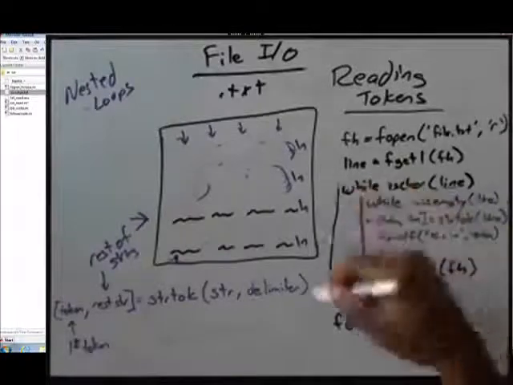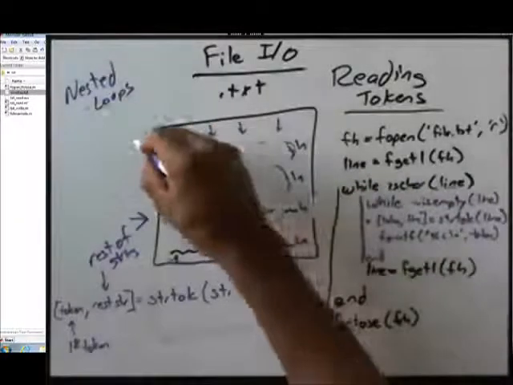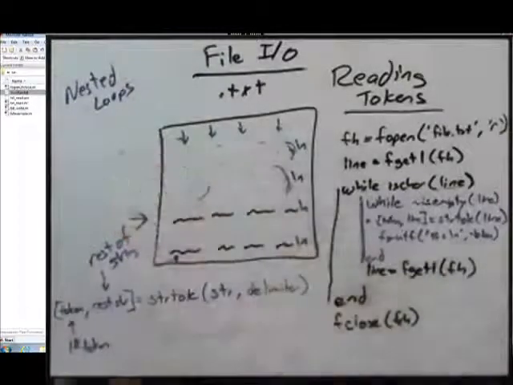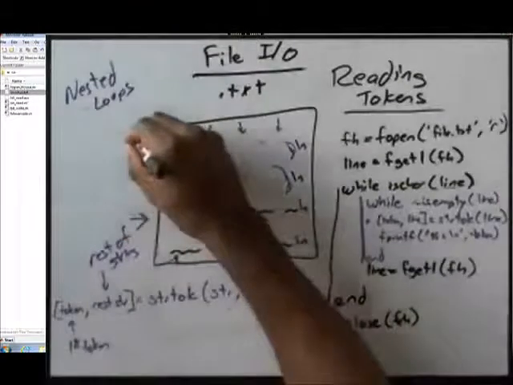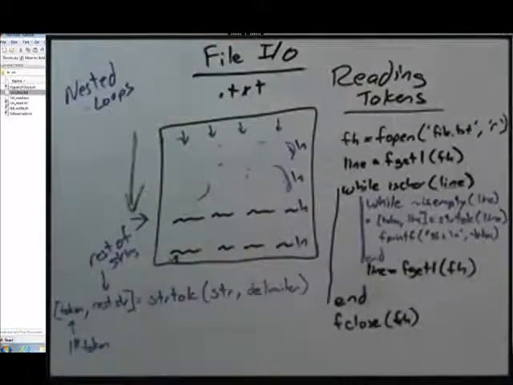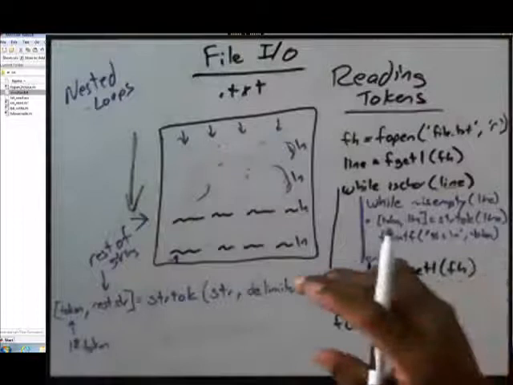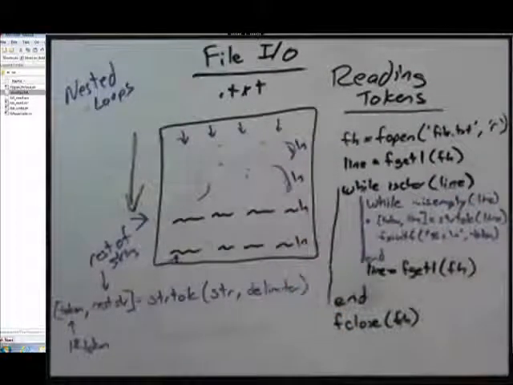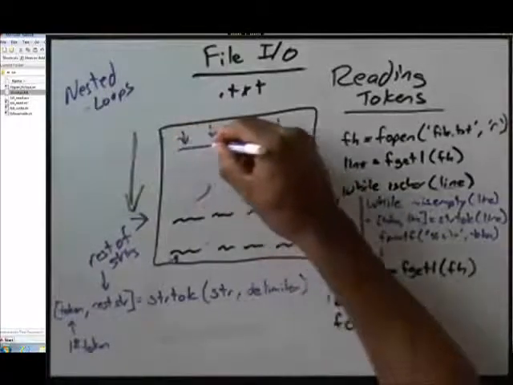One loop, the outer loop, is concerned with going down this way, and I should do that in black to be correct here. The outer loop's going that way, and the inner loop, the while isempty, the purple loop, is moving down each line.